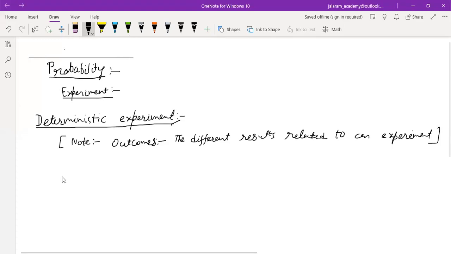For example, experiments of chemistry and physics. Do you know, if we pass carbon dioxide gas through calcium carbonate, what happens? What are the observations?